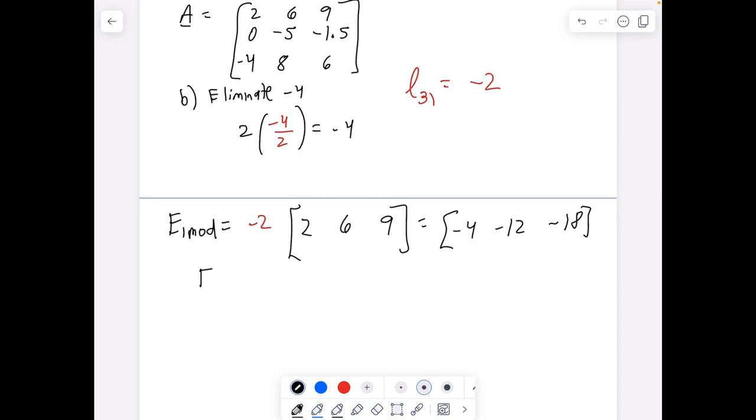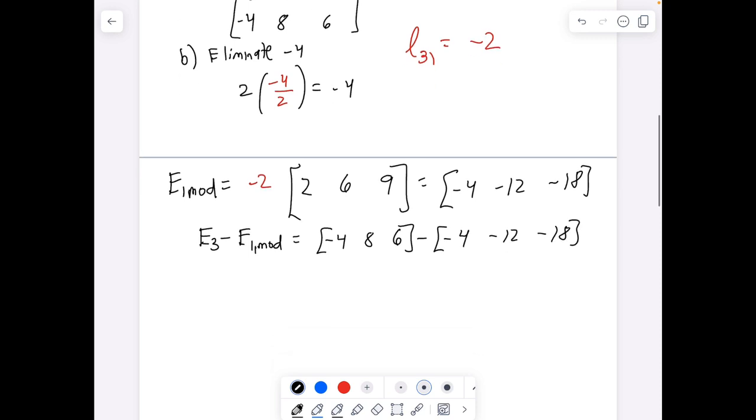And we'll now subtract that modified row from our E3. -4, -12, -18. This would be -4 minus -4, which becomes plus, which makes sense because we want that to be 0. 8 minus -12 is 20. 6 minus -18 is 24.